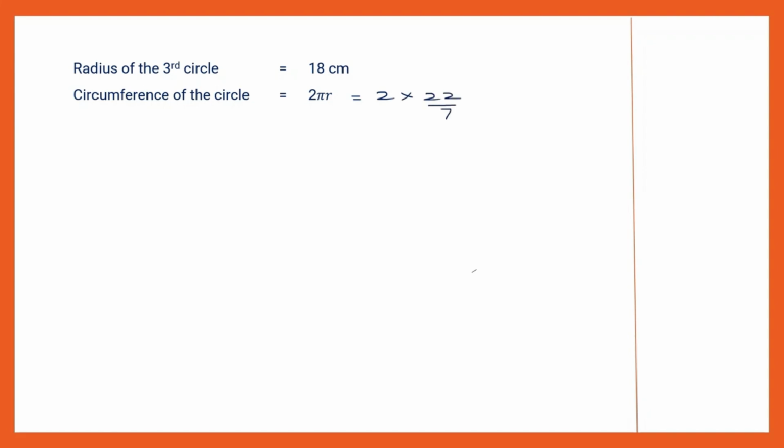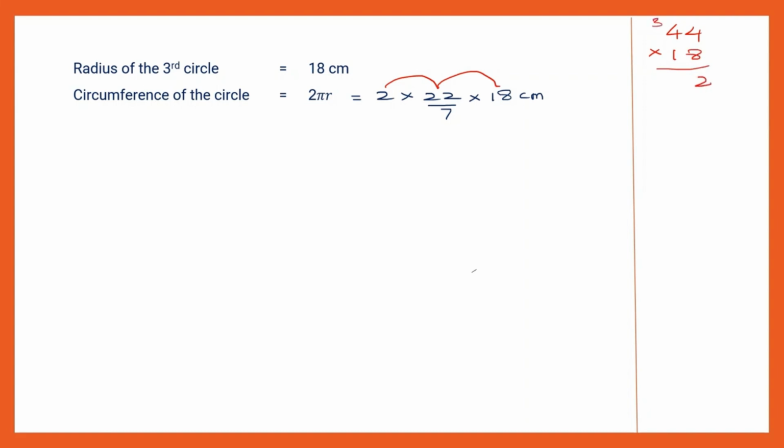Now, let's look at the third circle. The radius of the third circle given to us is 18 centimeters. And to find the circumference of this circle, we have to use the formula 2 pi r. That is 2 into pi is 22 by 7 and r is the radius, which is 18 centimeters. Now let's multiply. 2 into 22 is 44. 44 into 18. 8 fours are 32.